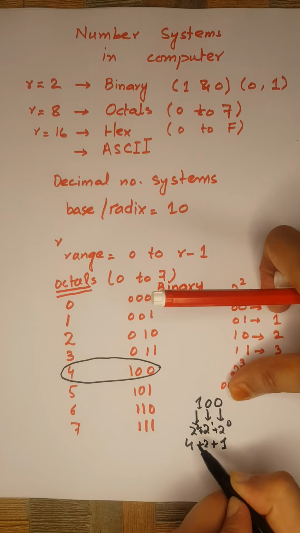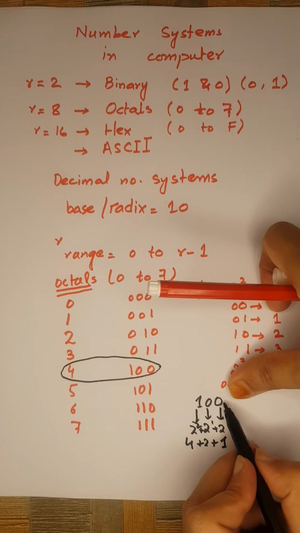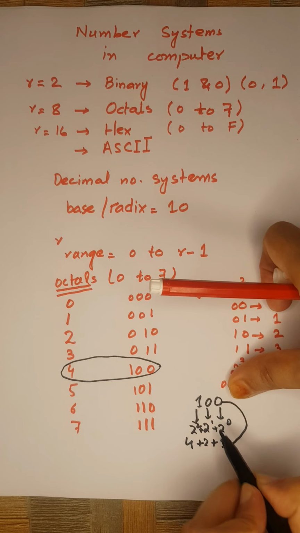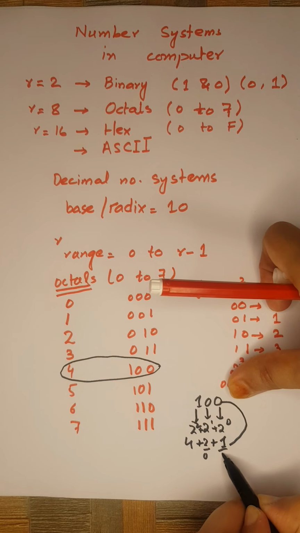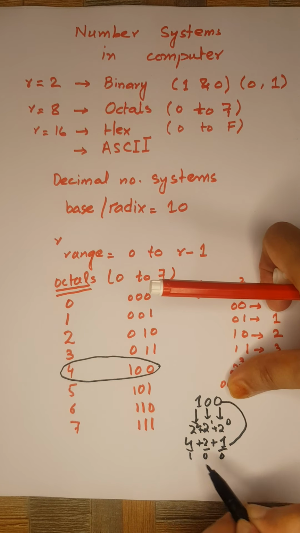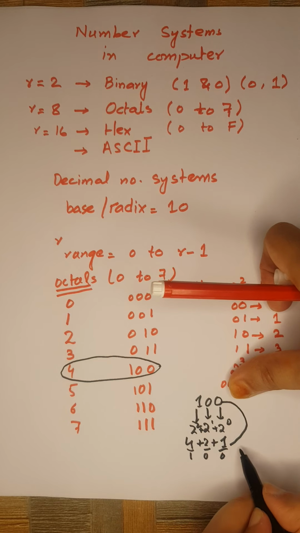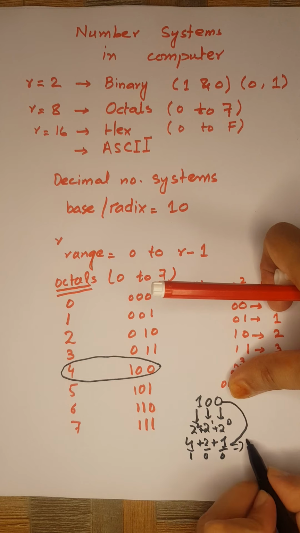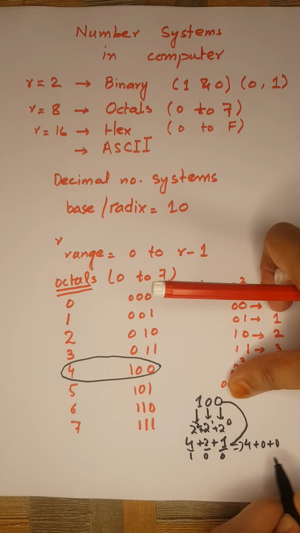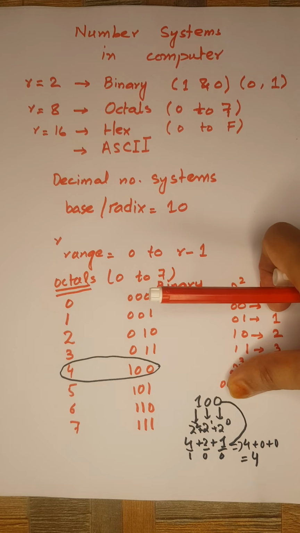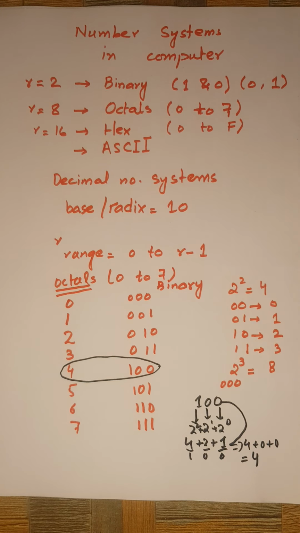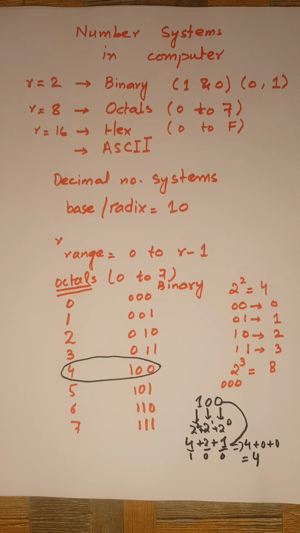One thing to be noticed is that the first weight is multiplied with 0, the second weight is multiplied with 0, while the last weight is multiplied with 1. So when you add up these weights, you get 4 plus 0 plus 0. In this way you can see how these octal numbers are represented in binary form.